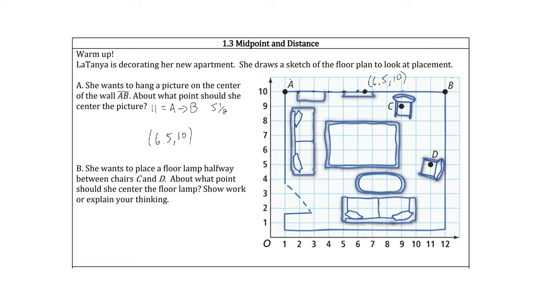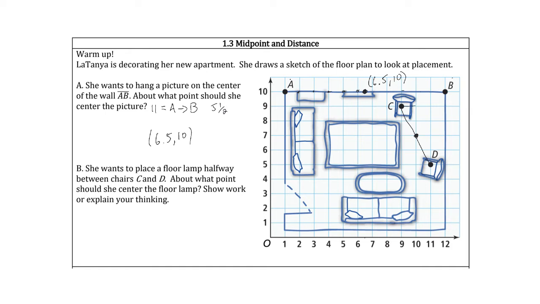Now, let's look at C and D. We have sort of a diagonal, so we can't necessarily see what the midpoint is, so we could maybe guess and check. If I was to guess, I'd guess around here maybe.